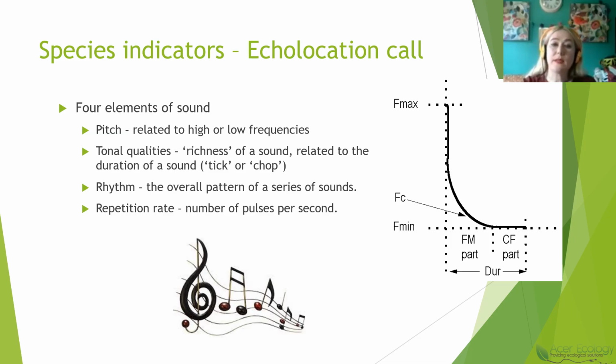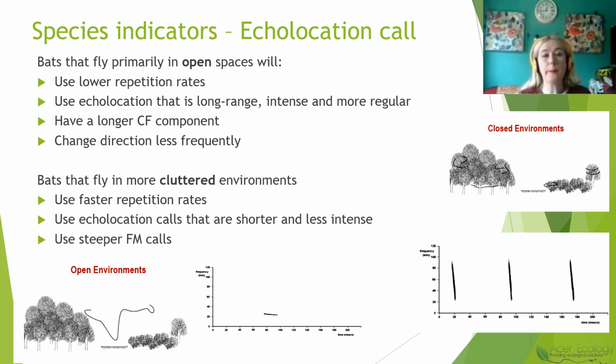So anyway, this is an example of what the call would look like if you're looking at it as a sonogram. You've got different parts of the call. As a general rule, when bats are flying in an open area, they produce calls less often. If you're in a cluttered environment and you're scared of crashing into a tree, you will produce a call on a regular basis.